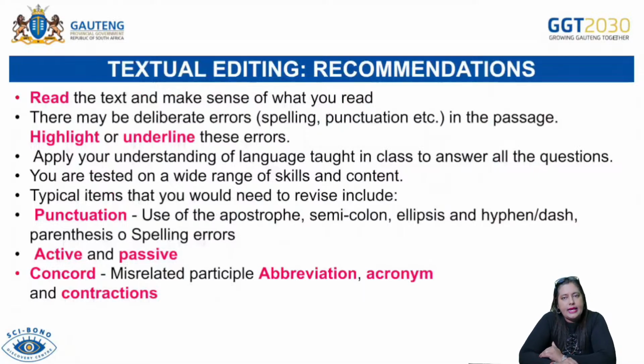Right, with textual editing, remember it's all of the terms you have learned over the years, right? So look at them and see how they apply in the sentence that is given to you. Concord errors, all those things will come through. So you'll get a text and you have to read the text and understand what the text is saying, yes, but you will find errors that are deliberately made in that particular passage, right?